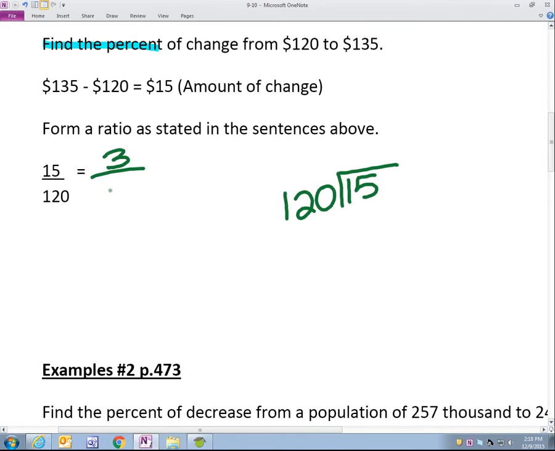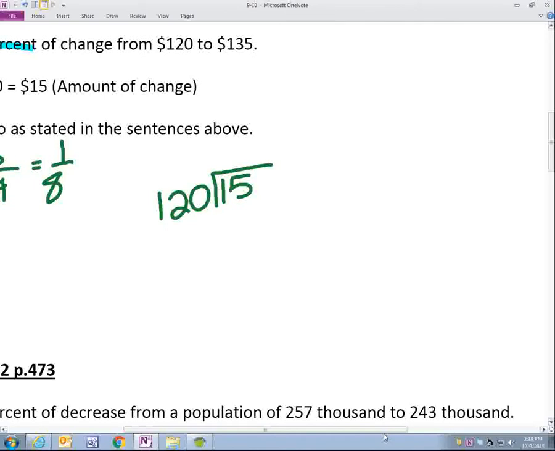So if we take out 5, just think of this. What's 120 divided by 5? 24. Can that be reduced any more? Yes, 1/8. So for demonstrative reasons, go ahead and do either 15 divided by 120 or 1 divided by 8.